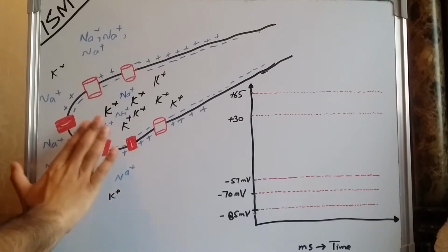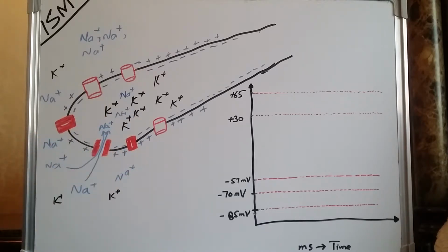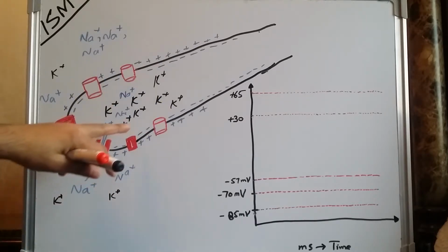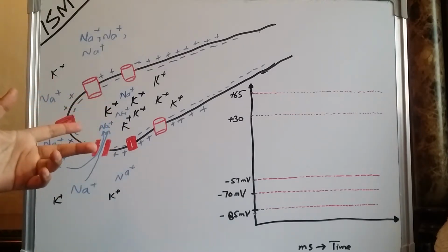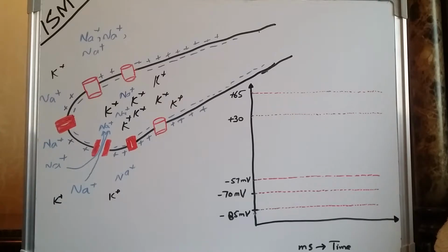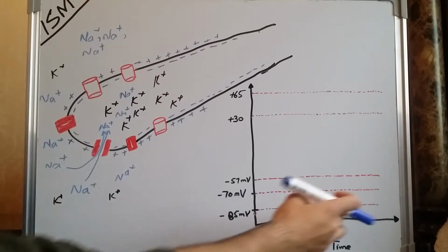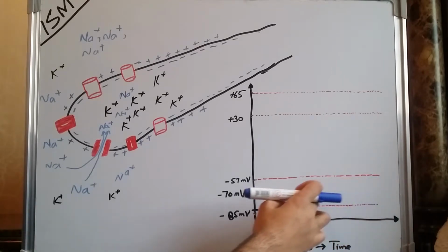At rest, when no stimulus is given to the neuron, the membrane is positive outside and negative inside. This negativity is also due to the smaller amount of positive ions inside and the presence of proteins having negatively charged phosphate groups and other negatively charged ions. Because of all those ions, the inside of the neuron is negatively charged. So minus 70 is the resting membrane potential.